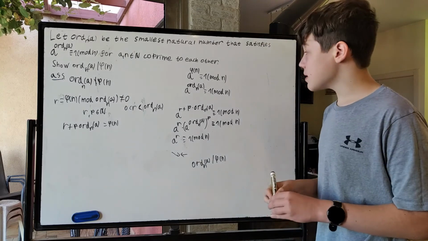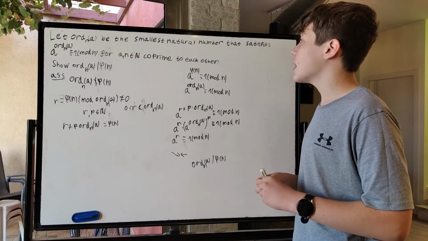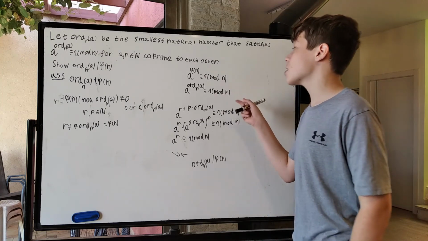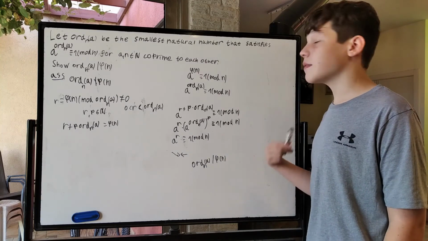Now, notice, phi of n isn't really special here. If we have any number like k that satisfies a to the k is congruent to 1 mod n, order a of n will still have to divide k.